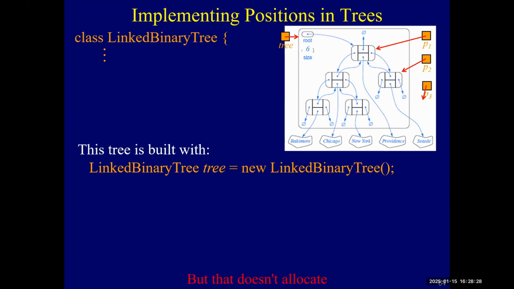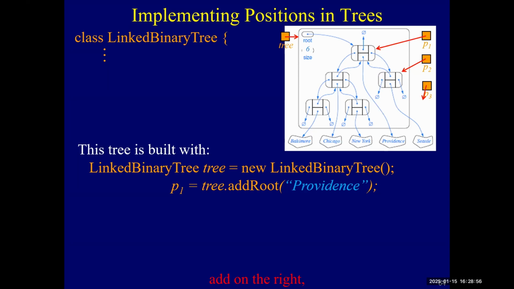But that doesn't allocate the memory for it. So we get a new one constructed, and tree is now going to point at it. Tree is one of these things. Everybody good?